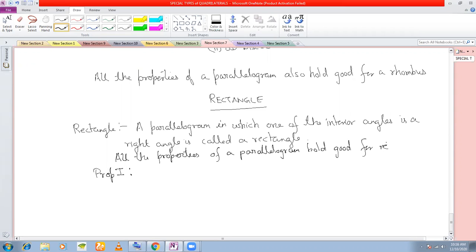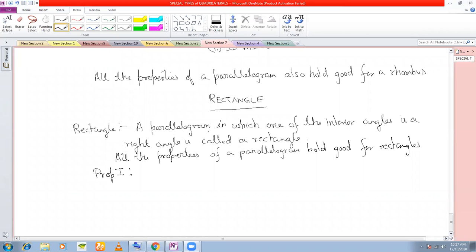How many properties of parallelograms have I given you? I think five. So all the five properties will hold good for rectangles also. Apart from those five properties, these are the extra properties of rectangles.